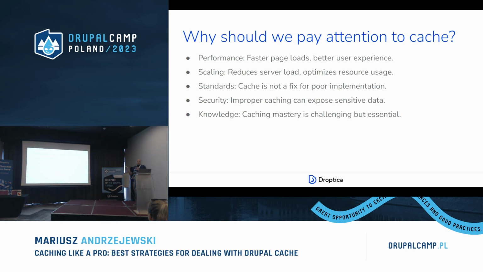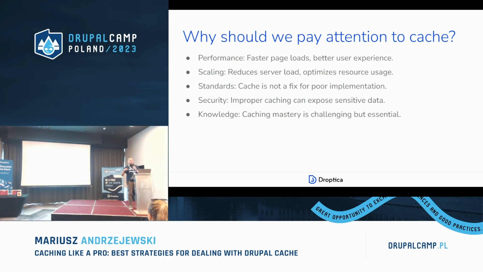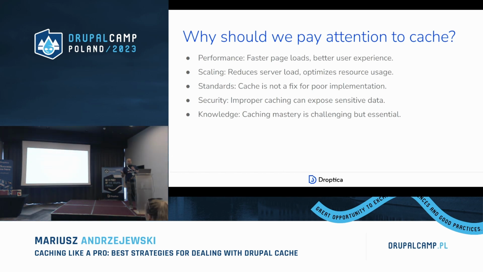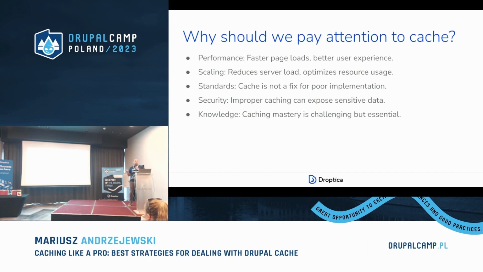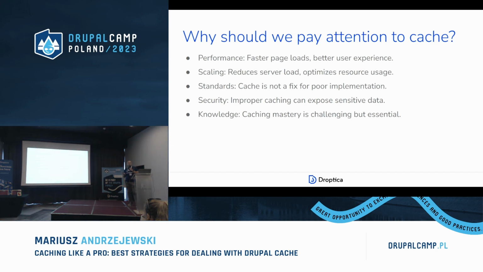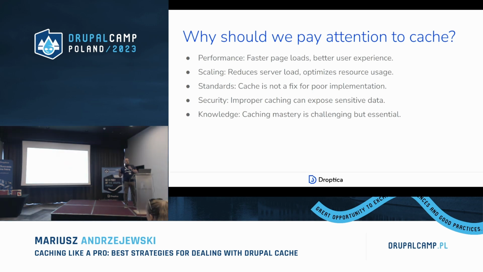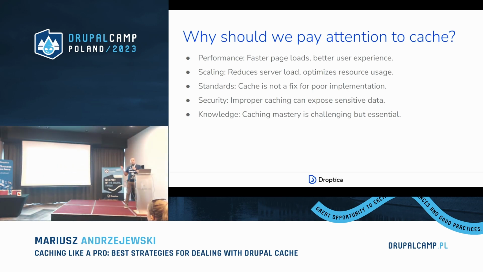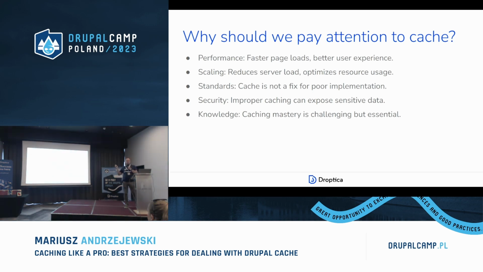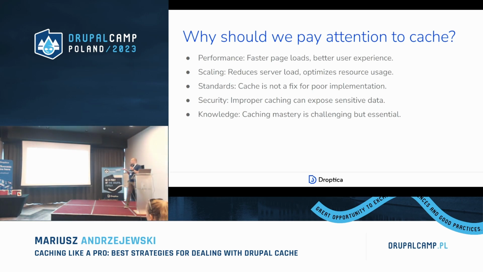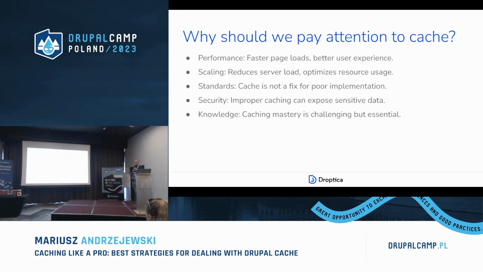The same goes for scaling. This is more from a business perspective, because paying for hardware can get higher and higher depending on the scale of our application. So if we are able to reduce memory usage and CPU usage, it will save a lot of money.